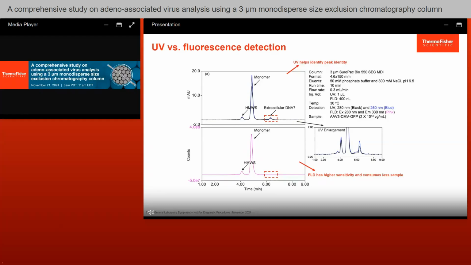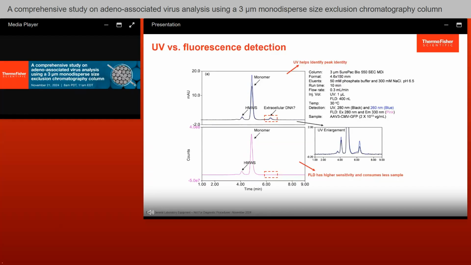This peak also has stronger 260 absorbance, but it doesn't have any fluorescence signal. Our assumption is this is extracellular DNA, which travels through all the pores, including the inter-particle pores. That's why it elutes later than the AAV monomer.